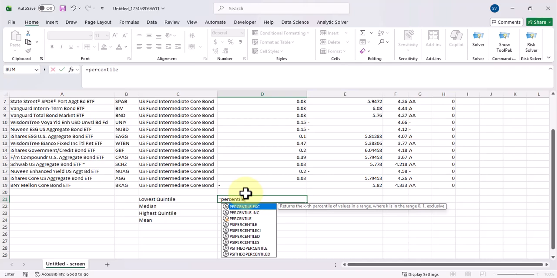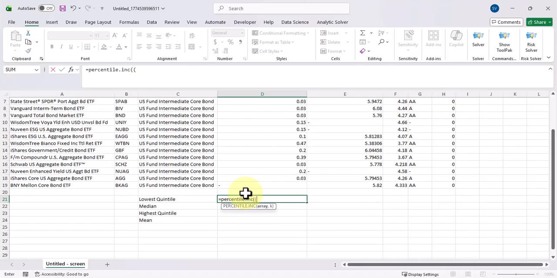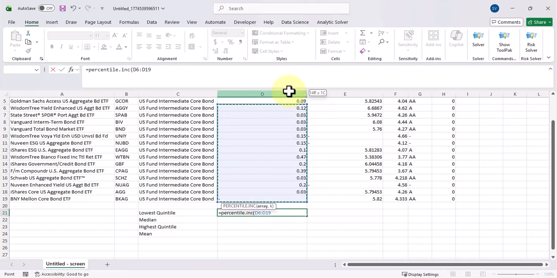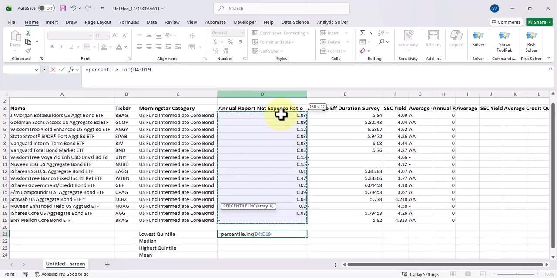The .exc excludes the extreme values. So we want to put .inc, open parentheses. I'm going to highlight my array, all of the expense ratios there. And then I'm going to put in 0.20. I'm using the quintiles, so I want the lowest quintile here.